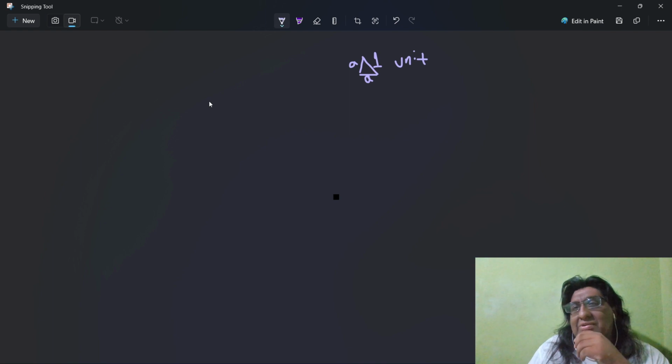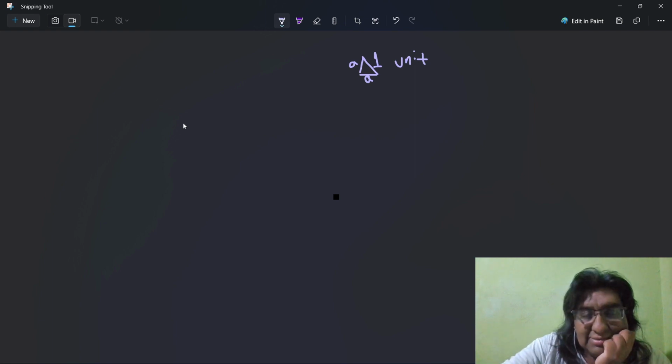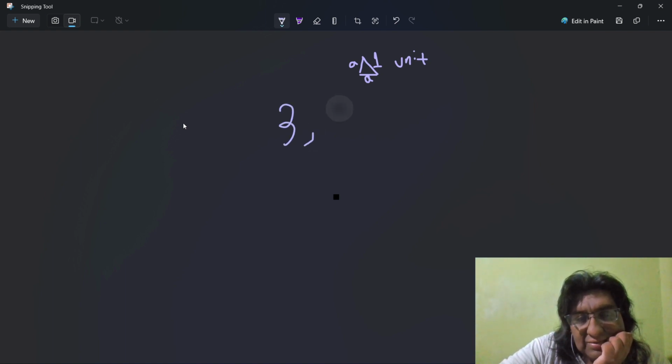But first, the approach that I used was to ask what's the most basic triangle that the authors used to explain this theorem. I remember it was the triangle with lengths 3, 4, and 5. Hopefully you're seeing the screen.